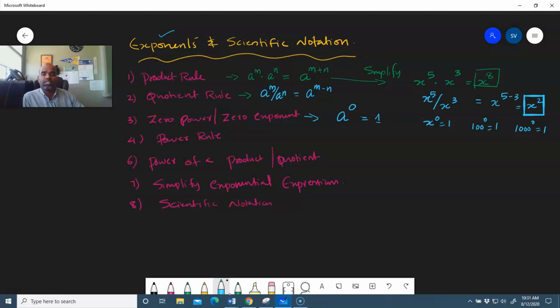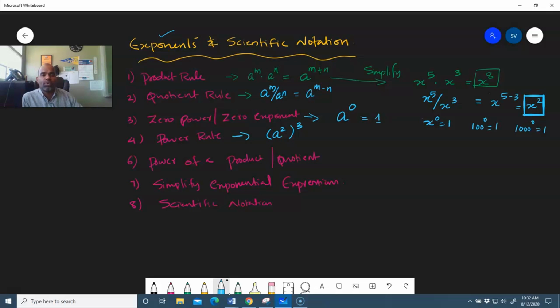And next is power rule. Power rule is kind of confusing for the lower grade students, but it is easy. So a to the power 2, all to the power 3. So here you can see two exponents. I am directly writing the example without explaining the rule, so that will make more sense.